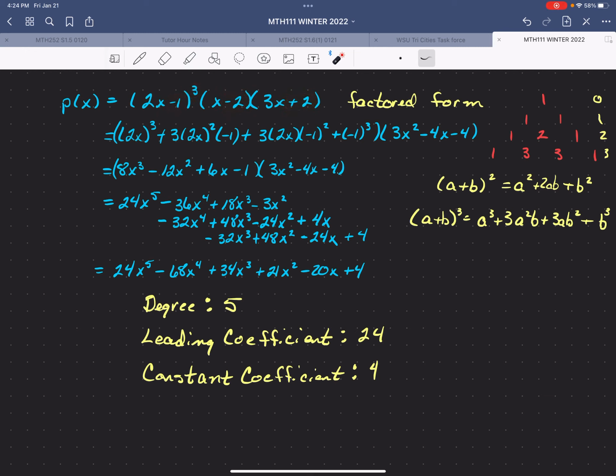So you don't necessarily have to do all this work if all you want are these three things, because you can get all of that from the factored form. All right, I hope this has been helpful. We'll continue on in another video.